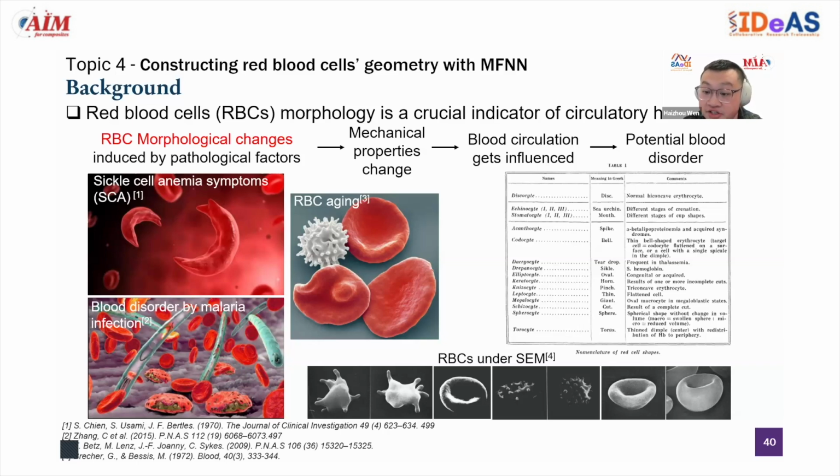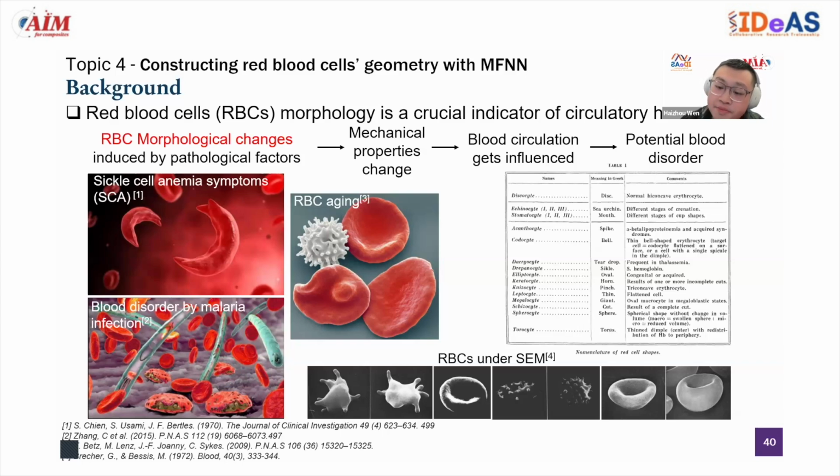So the morphology of RBCs can be seen as a very vital indicator of circulation health. The basic logic is that if an RBC displays an abnormal shape, it is highly likely caused by some pathological factors, which also influence the mechanical properties of RBCs and eventually their deformability.